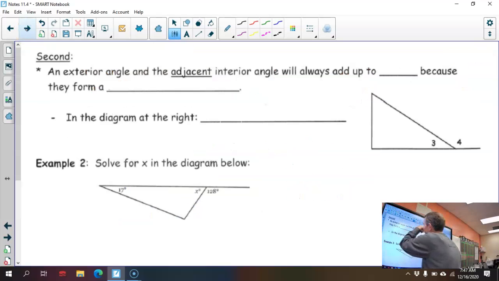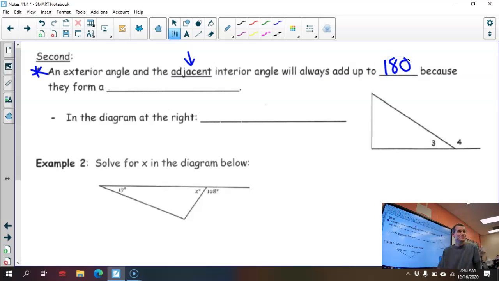Next up, our second rule. An exterior angle and the adjacent interior angle will always add up to 180. Do you guys know why? Because they form a linear pair, right?